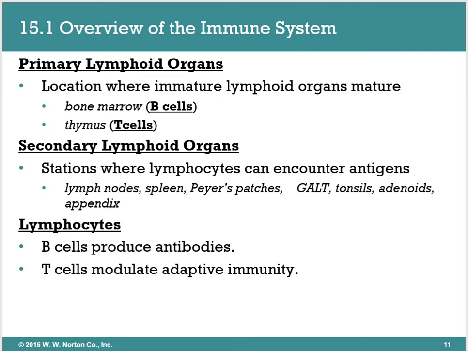And then we have our actual two lymphocytes, so our two cell types, so that's B cells and T cells. B cells specifically will produce antibodies, and we'll go more into that in chapter 16. And then T cells, these are the modulators, so these are like the referees. These are kind of like the guys that you see at the airport directing the airplanes.